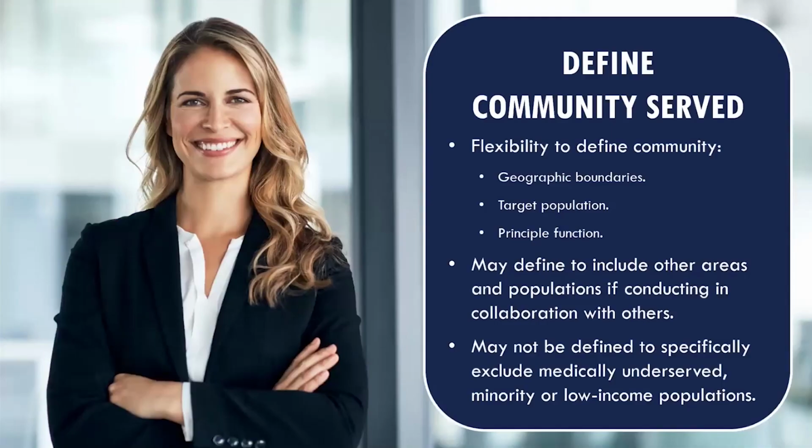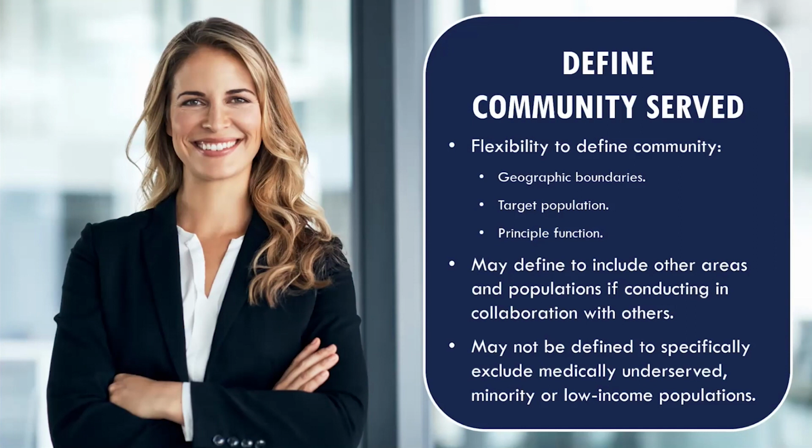All right, so let's talk about the process. So if you're brand new to this, you're starting out, you're thinking, I don't even know where to start. Well, the first piece is to define your community. So the IRS says that you have the flexibility to define how you're going to talk about your community when we think about, okay, we're going to assess the needs of our community.